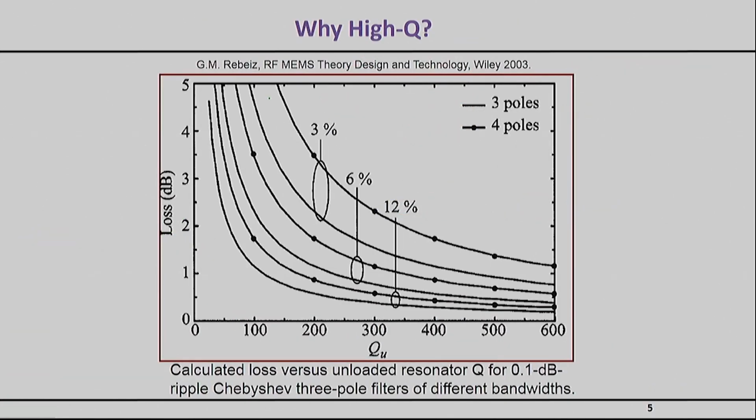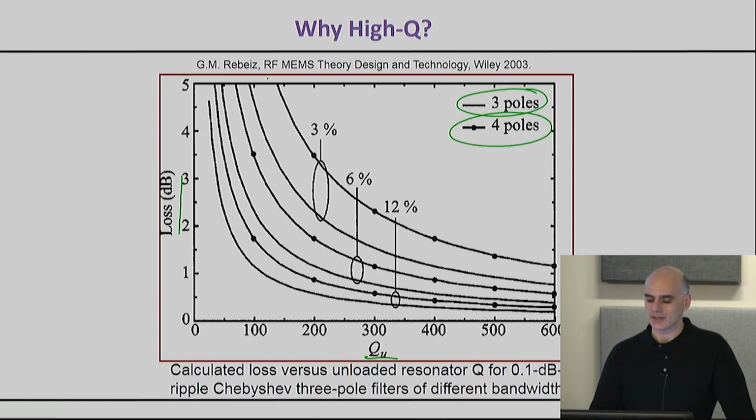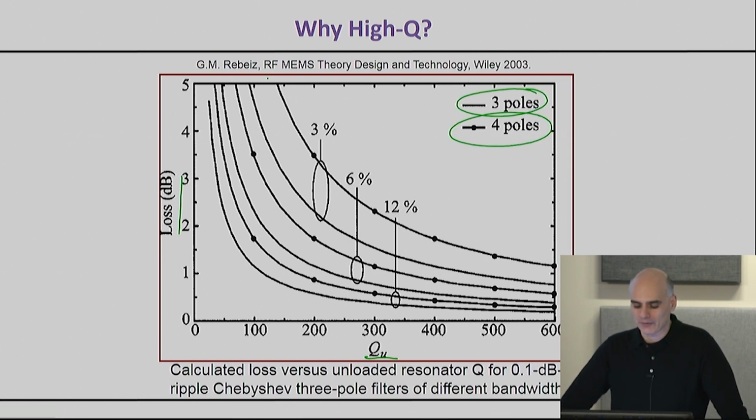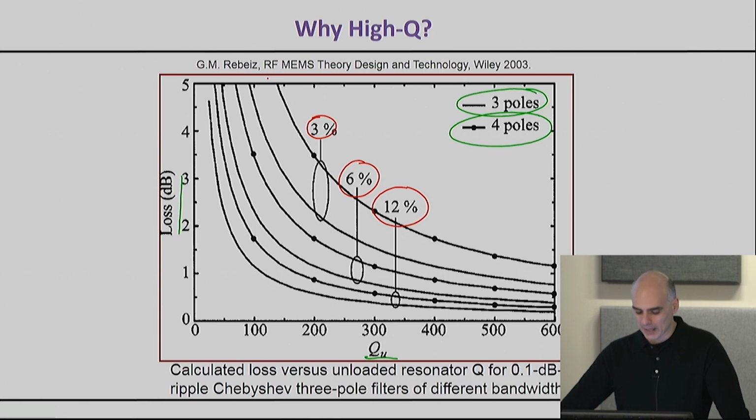Now, this graph, I'm going to go through very quickly, but it shows exactly the same thing we discussed so far. It plots the insertion loss of the filter as a function of the unloaded quality factor for a few different cases. First, you can see that there are two sets of lines. One is for a 3-pole, the other is for a 4-pole. The lines with the dots are for the 4-pole. You can also see that we're plotting filters of different bandwidths, and here you can see the dramatic difference that the bandwidth makes in terms of insertion loss.